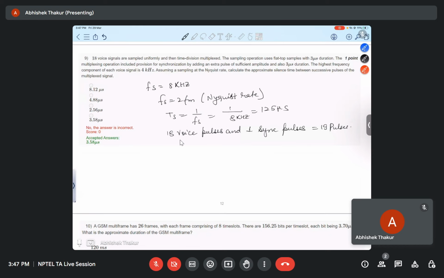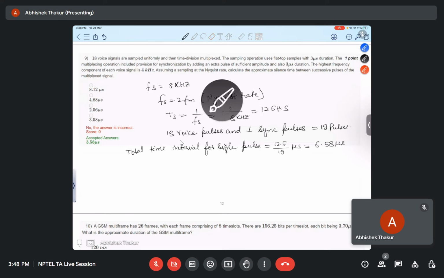The total time interval for a single pulse is equal to 125 by 19 microseconds. So this is equal to around 6.58 microseconds. The silence time between pulses is 3.58 microseconds, since each pulse has a duration of 3 microseconds.